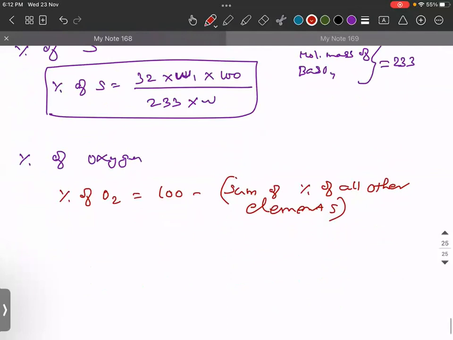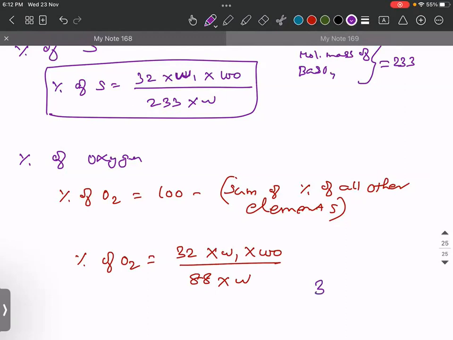Generally, the formula of O2 is equal to 32 into W1 into 100 divided by 88 into W. The 32 is O2, 16 plus 16. And then 88, what is the 88?